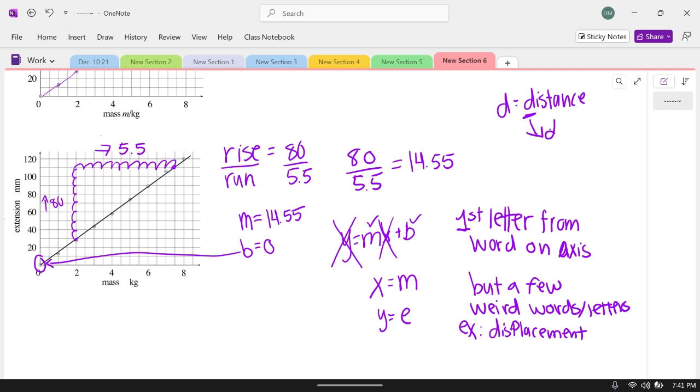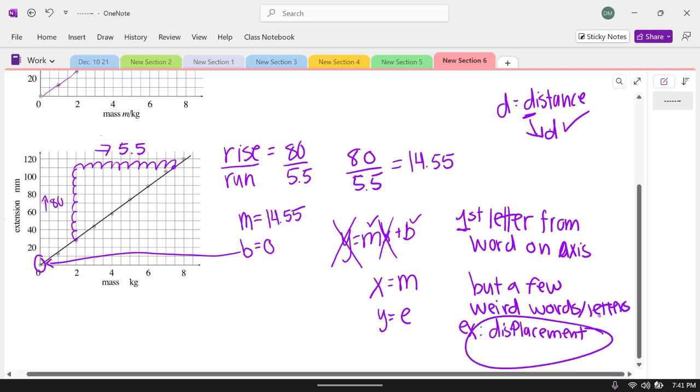It was there first. But displacement is like distance, but different. It can't use d because d was already taken. So instead of d, they decided x would be great for displacement. Hint, hint, wink, wink. This is why we need to replace x now. Because every time you write these equations for these graphs and you don't replace x, a physicist is going to look at that and think you're talking about displacement.